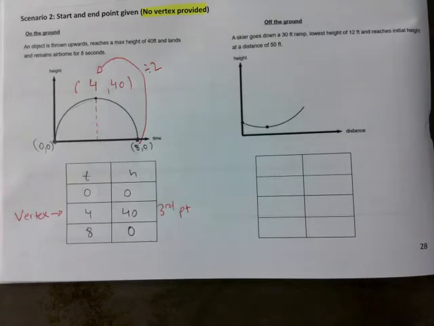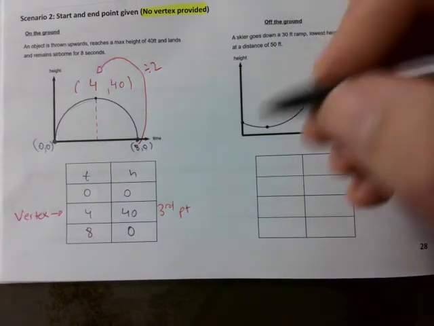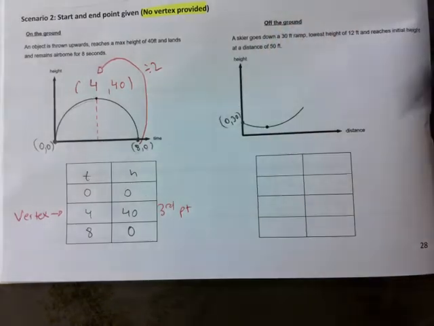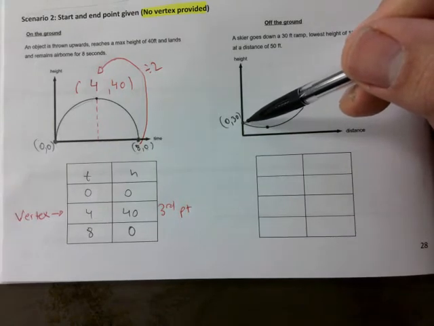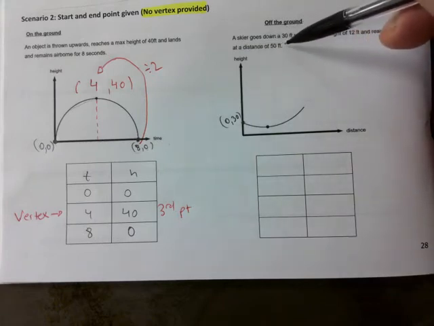Same here. The skier goes down a 30-foot ramp, it says, right? So that right there is our 0, 30. At a distance of 0 at the beginning, you are at a height of 30. The lowest height of 12 feet is reached, and it reaches the initial height at a distance of 50 feet.